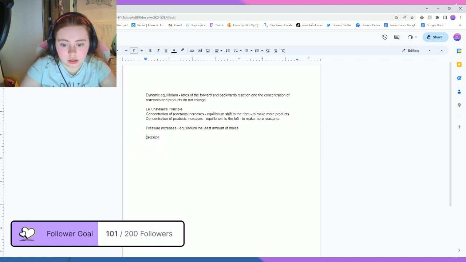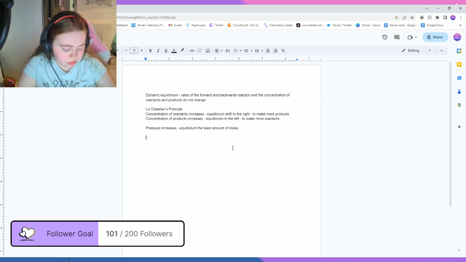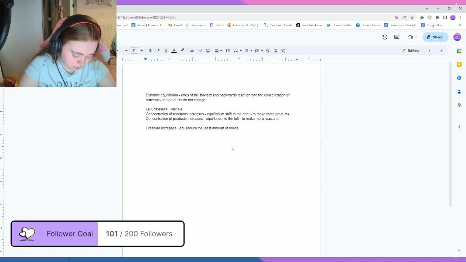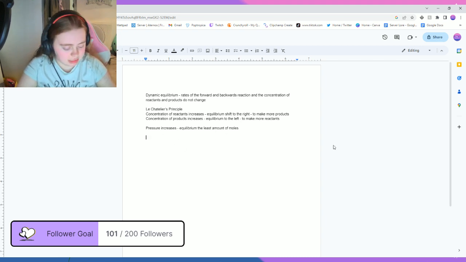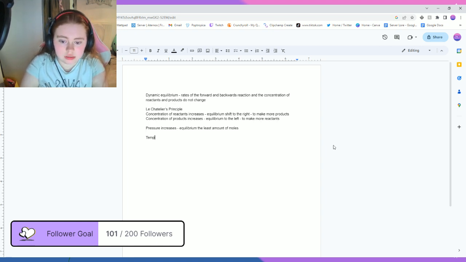So that'll become 4 H's, 2 S, and 8 O's. So yeah, this will have the opposite effect if pressure decreases. Okay, changing temperature.